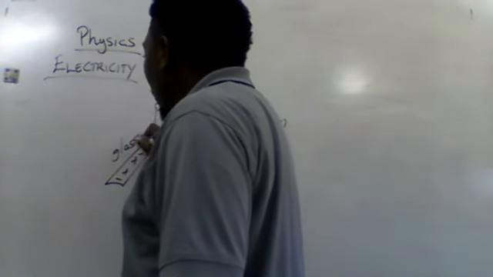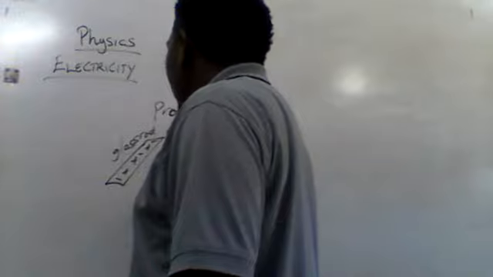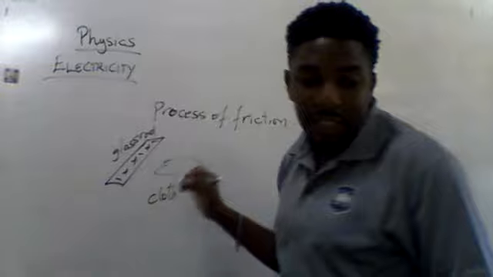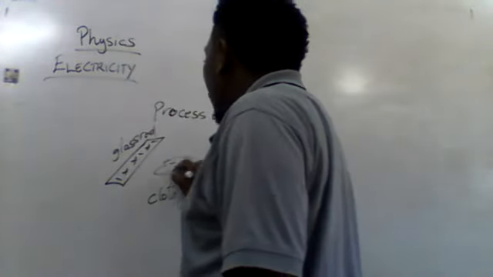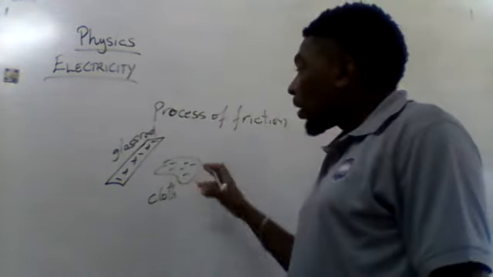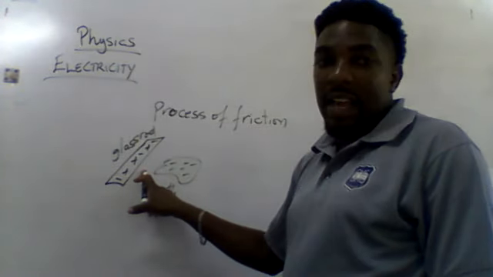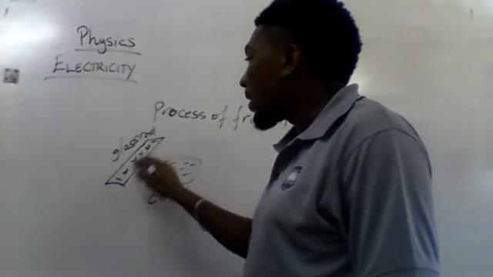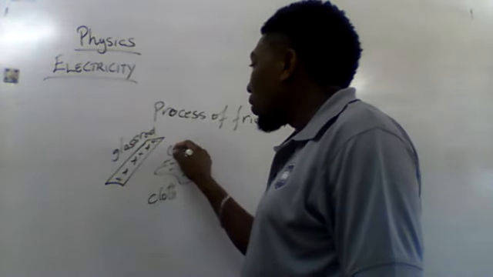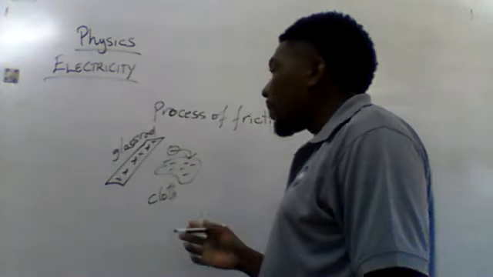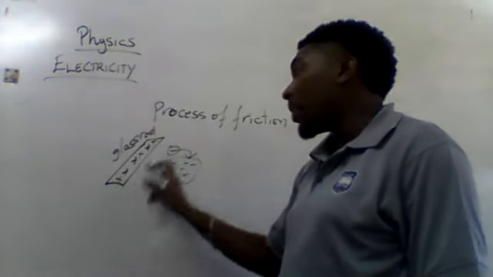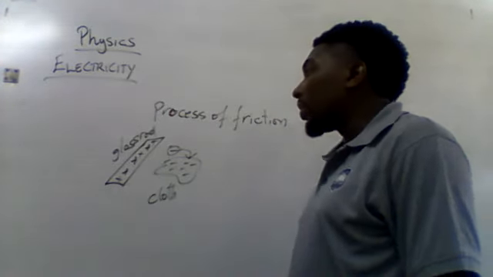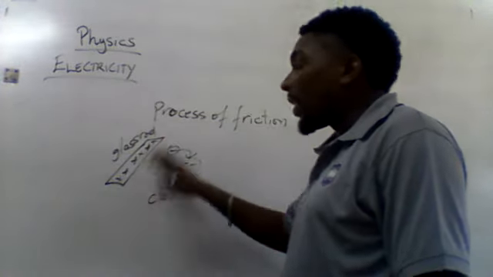If we rub it with a piece of cloth, and let's say the cloth is initially negatively charged, this cloth can help cause the glass rod to become positively charged by attracting the electrons. Electrons travel over to the cloth and make the rod become positively charged, because it now has more positive charge than negative charge. Right? So basically that's the process of friction.